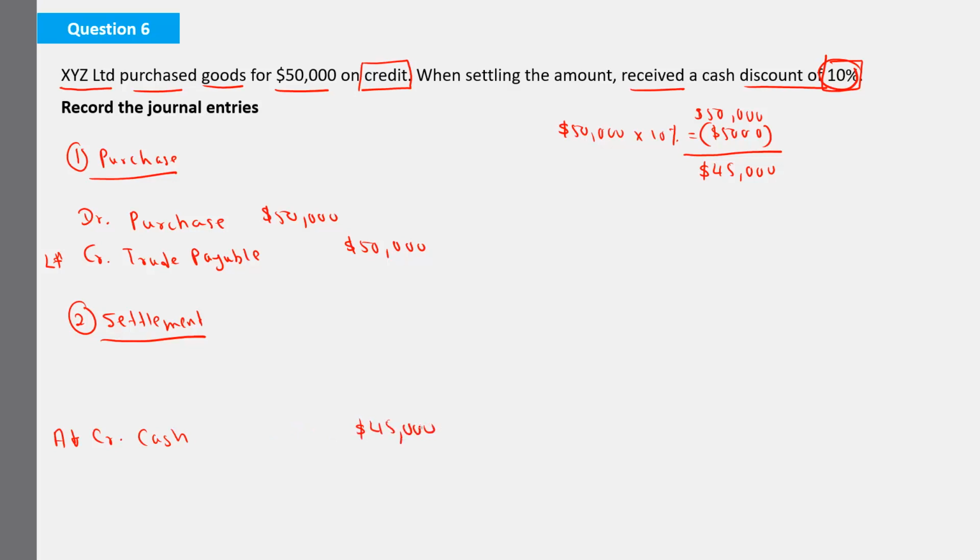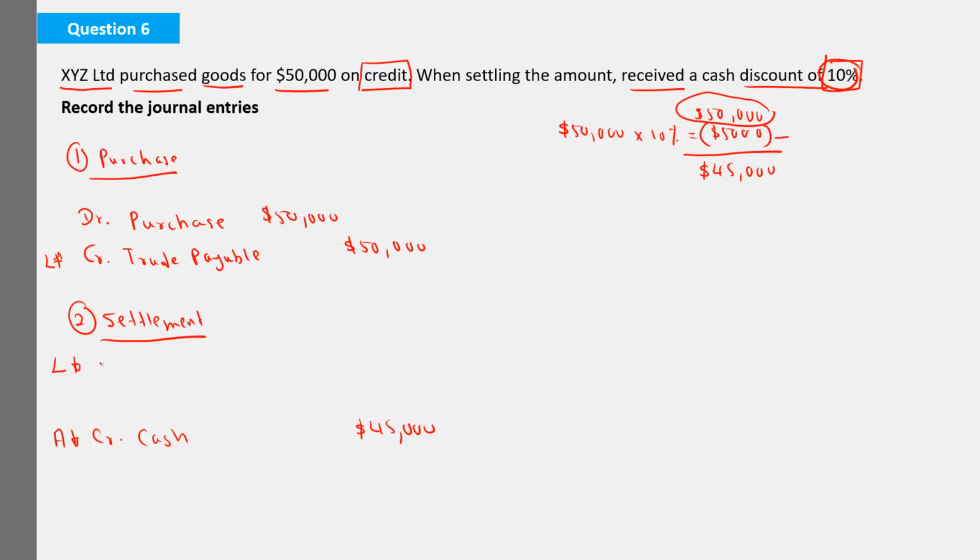And what you have to understand here, I am settling my supplier, right? So I am settling my supplier by paying 45,000, and that supplier gave me a 10% discount, which is 5,000. So in total, that entire amount 50,000 will be settled. That means my entire liability will be settled.